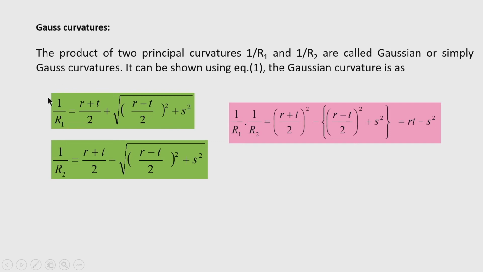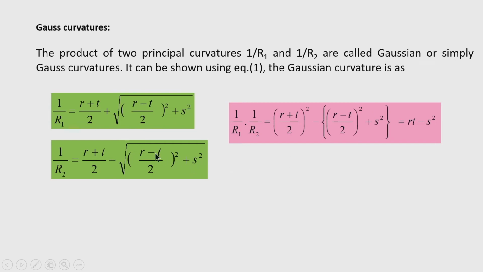So, if I make a product of 1 by r 1 and 1 by r 2, I will get r plus t divided by 2 whole square minus r minus t divided by 2 whole square plus s square. So, after simplification you will get r t minus s square. So, Gaussian curvature is nothing but r t minus s square.